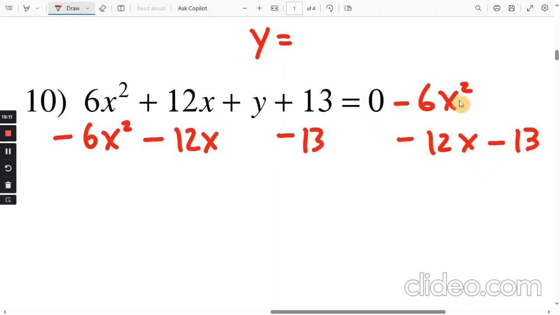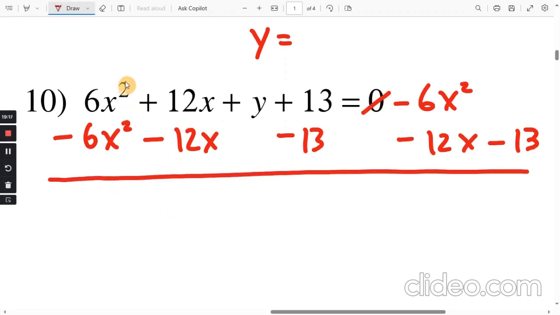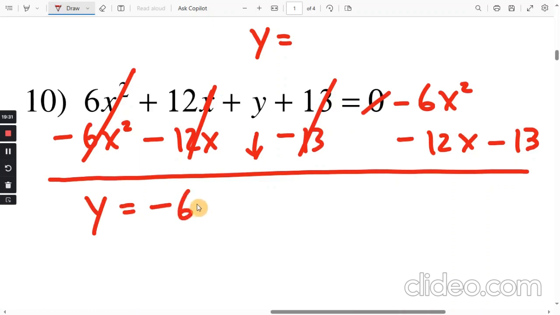All right, it's 0 minus those items, so you can get rid of the 0. 6x squared minus 6x squared, 12x minus 12x, and 13 minus 13 all cancel. So we have the y, we have the equal sign, and we have negative 6x squared minus 12x minus 13.